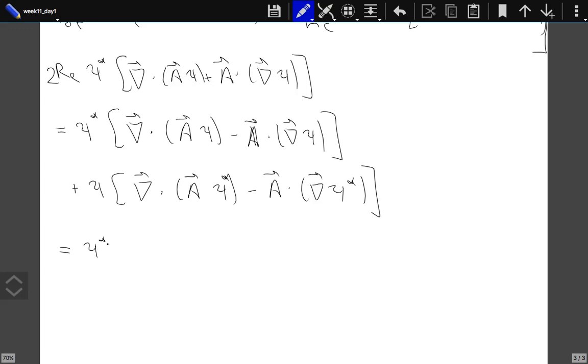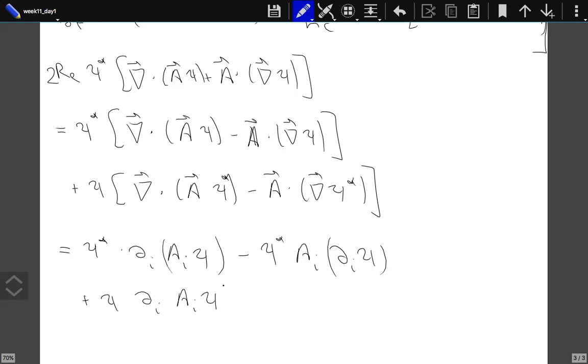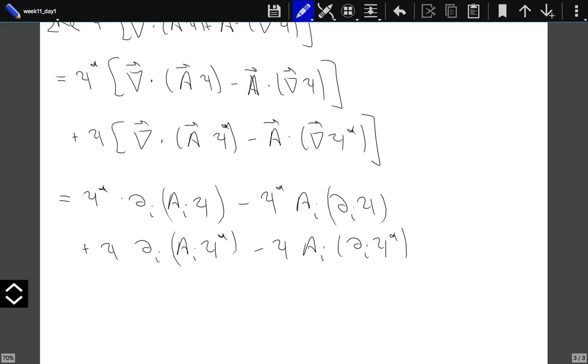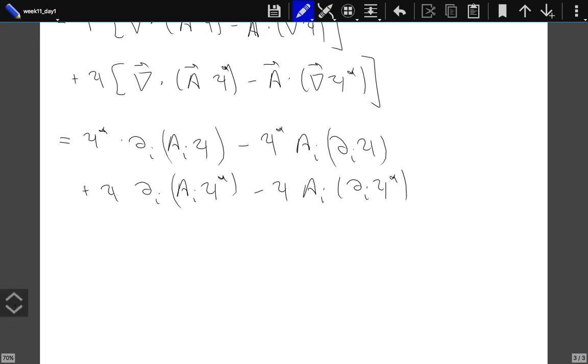So this is psi star del i A_i psi, plus psi star A_i del i psi, plus psi del i A_i psi star, plus psi A_i del i psi star, which will be equal to del i of psi star A_i psi.